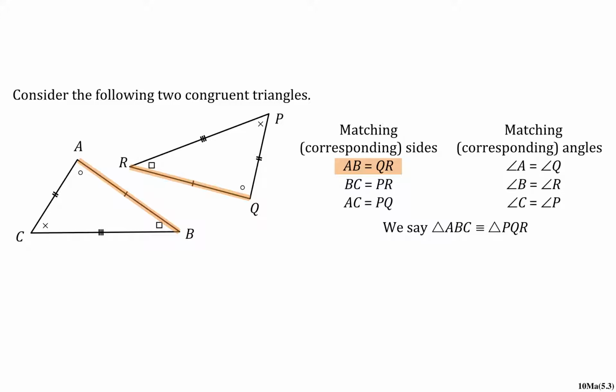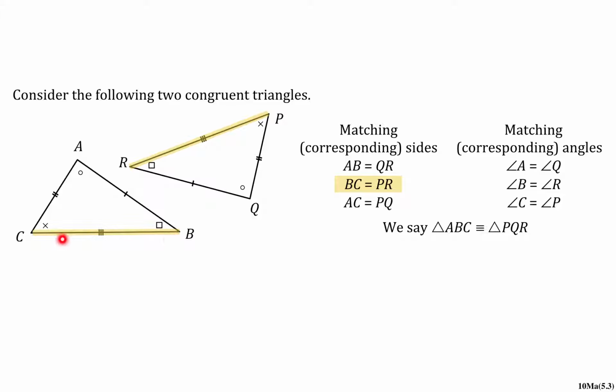If you look at each triangle, I can see that they've got that little single dash mark. I can see that little single dash. That means those sides are equal length. So I can say that the side AB and the side QR are equal. They are matching sides or corresponding sides. If I look at the sides that have three little markers on them, they're equal to each other.